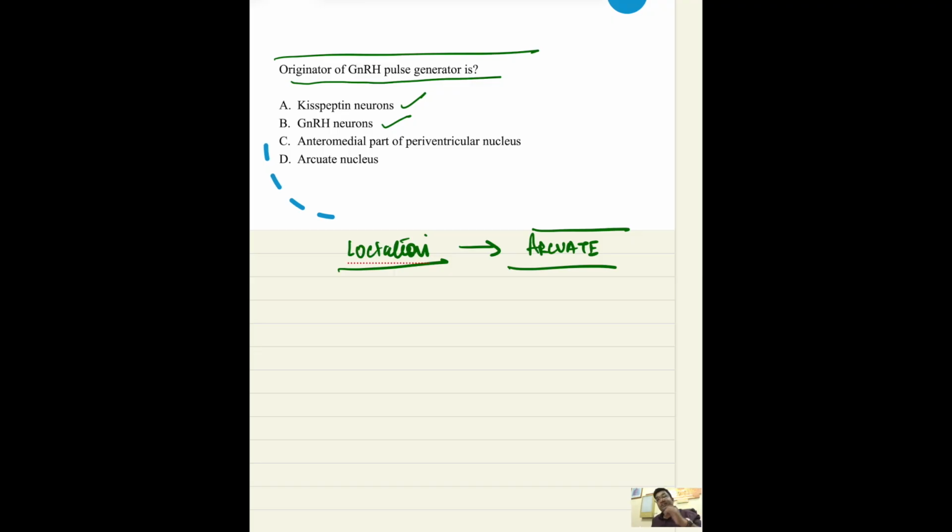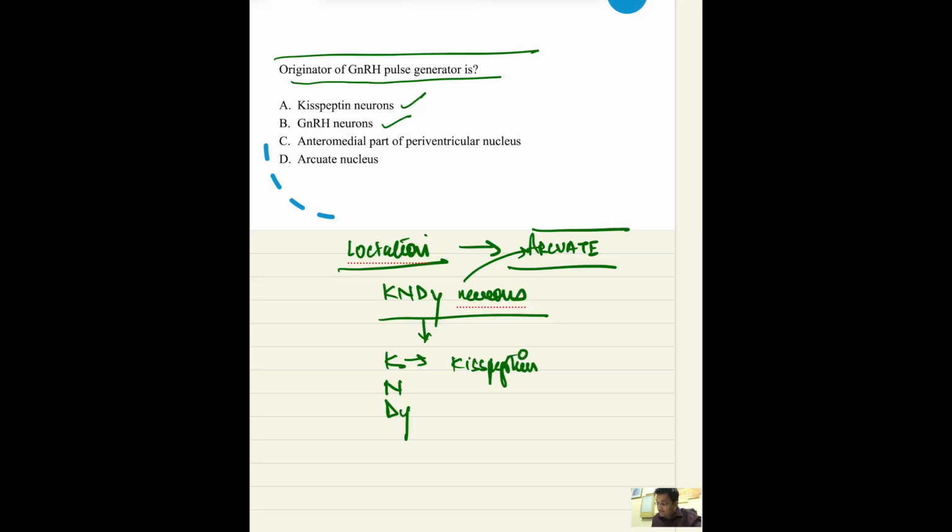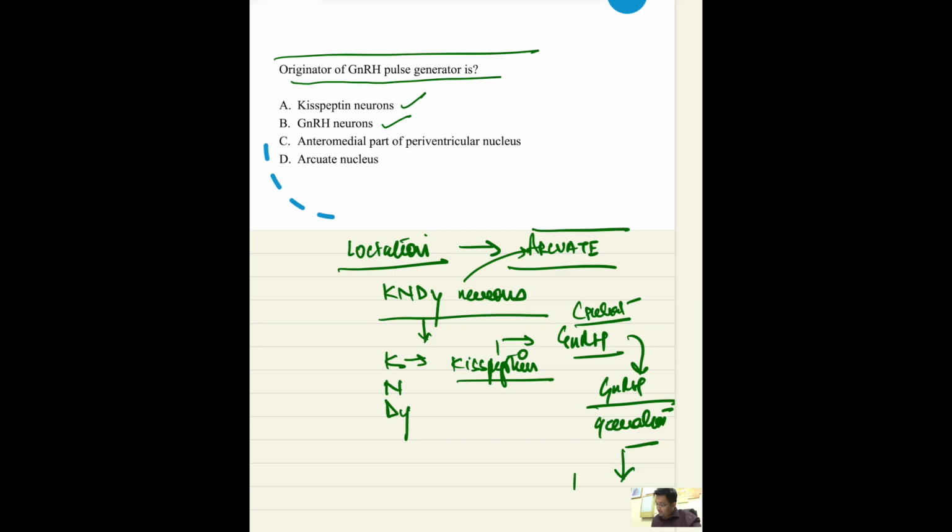The origination of the GnRH pulse is actually by the KNDy neurons that are located in the arcuate nucleus, and KNDy is an acronym for K, N and D. So K stands for kisspeptin, and this directly stimulates the GnRH neurons to go for GnRH generation, as it stimulates them in a pulsatile manner, and this will go on to increase FSH and LH and further go on to initiate puberty.